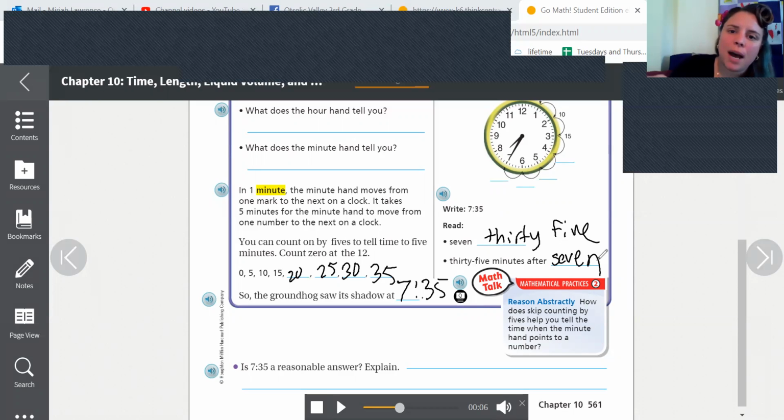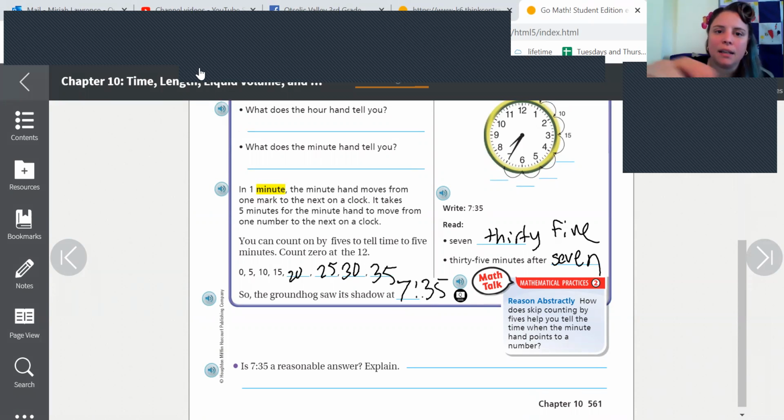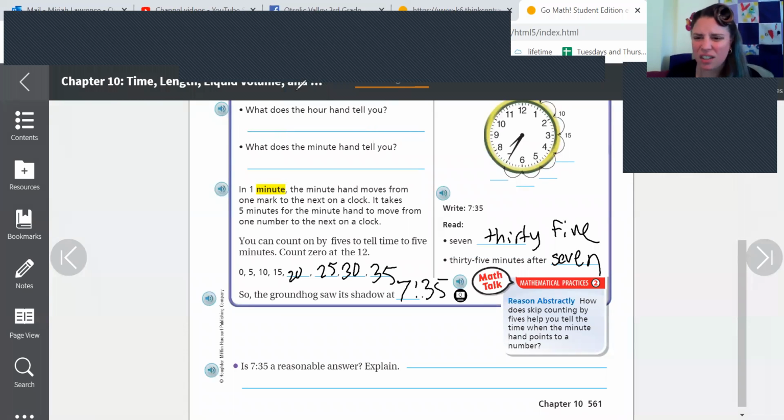All right, so let's look at the bottom of our chart. It says here, is 7:35 a reasonable answer? Please explain. Now, I'm pretty sure it is. What do you think? 7:35 in the morning, does that sound about right for what time the sun comes up? Yeah, that's pretty early morning.